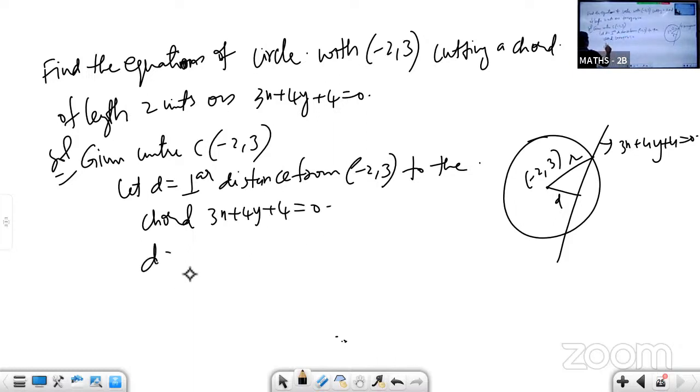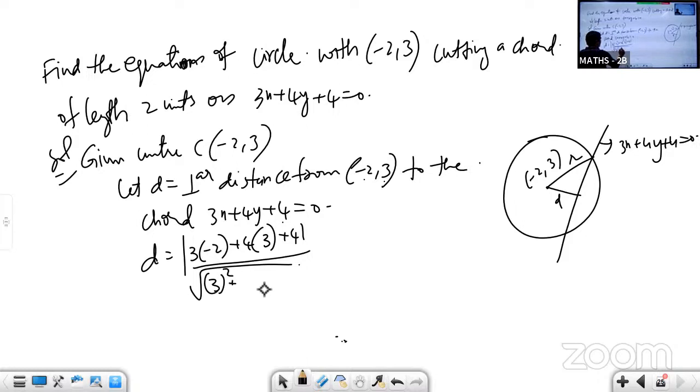That is, D equals the perpendicular distance from the point to the line, that is 3 into minus 2, plus 4 into 3, plus 4, by under root of 3 square plus 4 square.